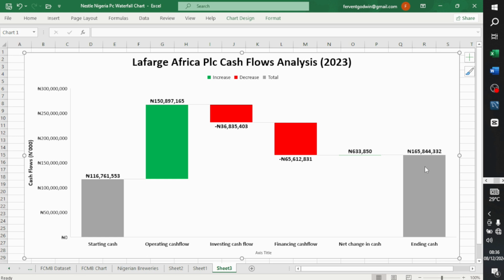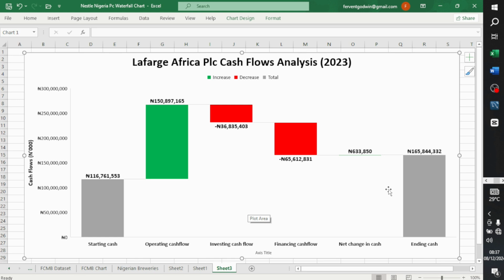Now, if you subtract the starting cash from the ending cash, you get that same value. It's just simple arithmetic. If you subtract the starting cash from the ending cash, you get the summation of all of these bars: the operating cash flow, investing cash flow, financing cash flow, and the net change in cash. So that's just a brief insight there.